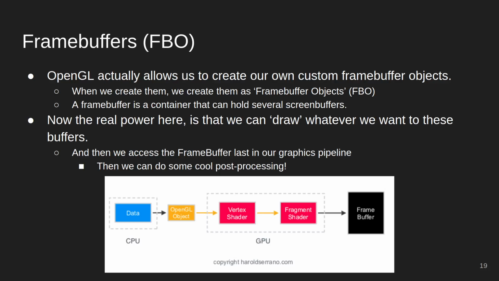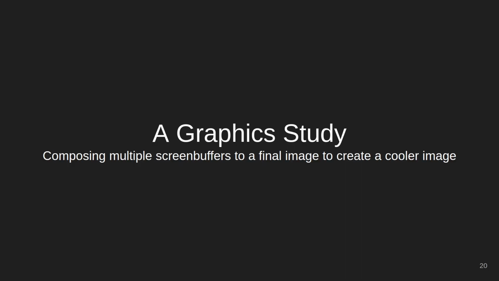So if you've ever wondered how different filters work, or have messed around with filters on, say, Instagram, that's the way that we can get some interesting effects. This is again a collection of bytes, and we can modify those as we need. All right, so that's a little introduction to Framebuffer objects.